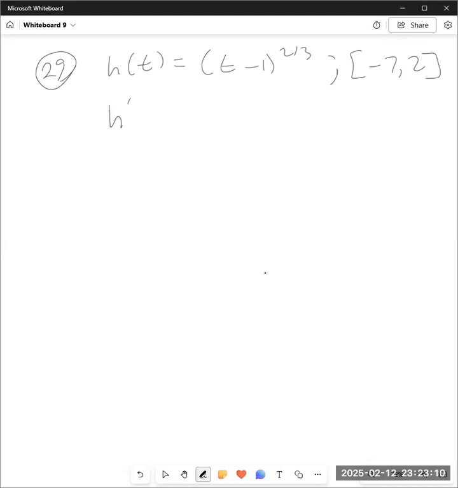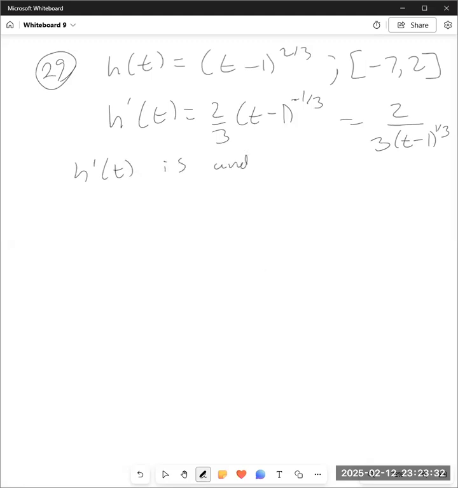So h prime of t is equal to 2/3 t minus 1 to the -1/3 power, which is equal to 2/3 over t minus 1 to the 1/3. H prime of t is undefined at t equals 1. There's a cusp there because that's in the original domain.